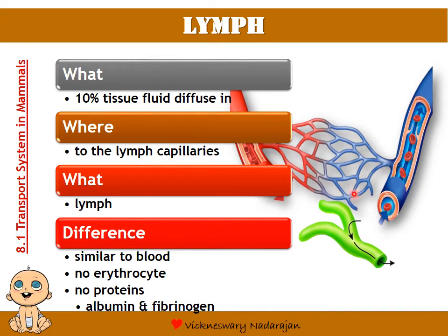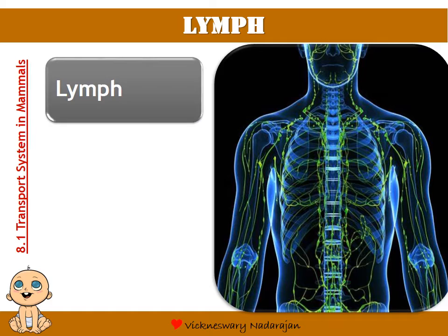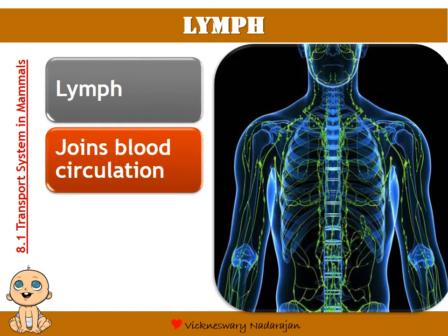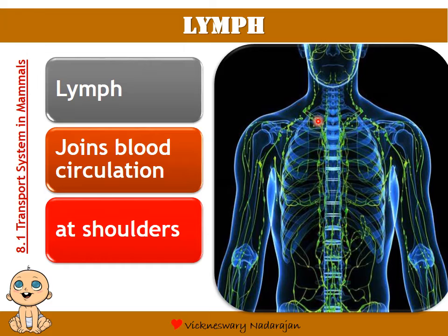However, this lymphatic system is related to the immune system, so lymph will actually be rich in leukocytes, specifically lymphocytes, which I will discuss in the chapter of immunity. So then the lymph will be transported into the lymph vessels, lymph duct, and finally join the blood circulation at the shoulders via the subclavian veins.